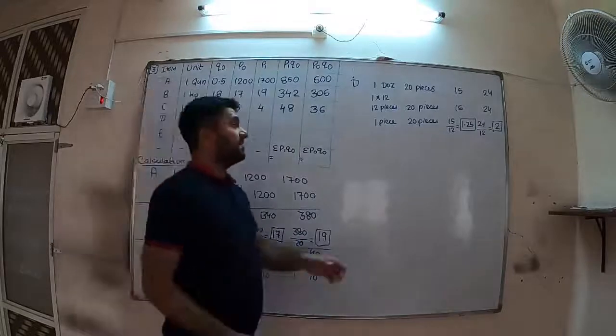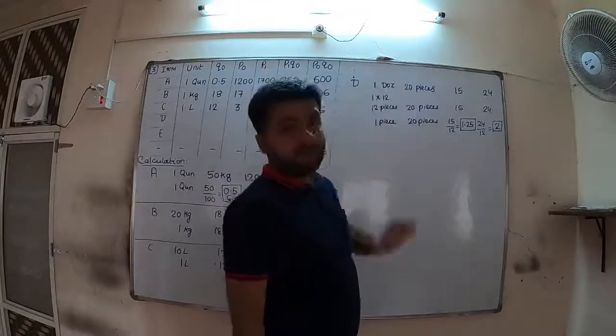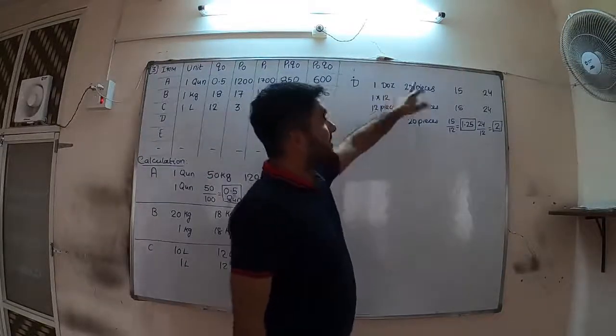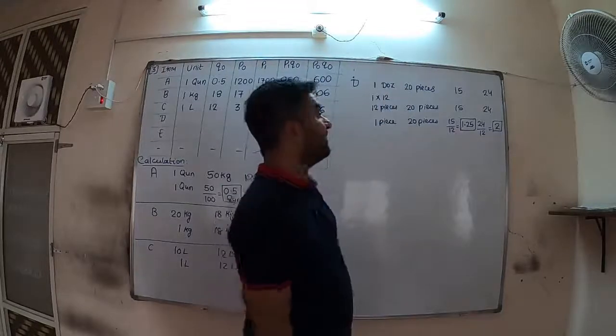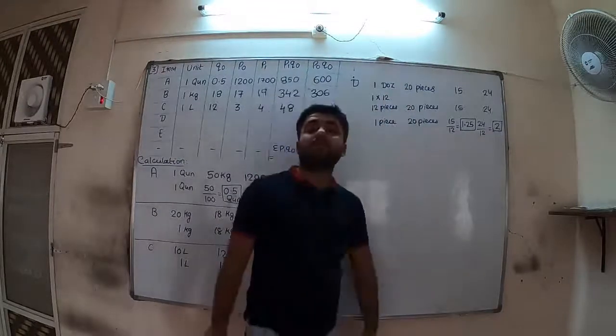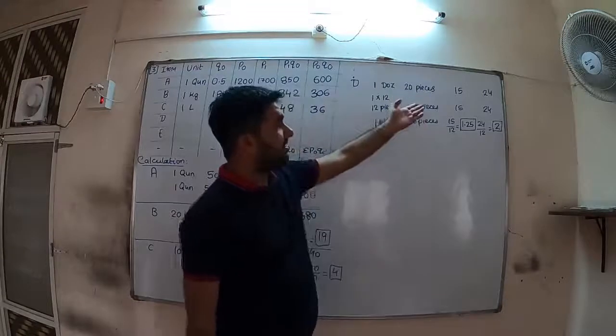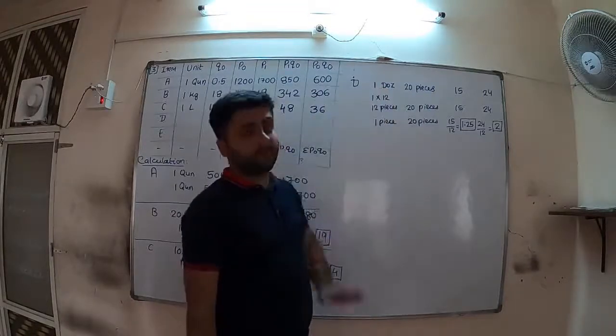Okay? What have I done? Units were not the same. Here it was 1, but here it was not practically possible to change. 20 by 12 was 1.66. So compulsorily we want to convert this dozen into piece.